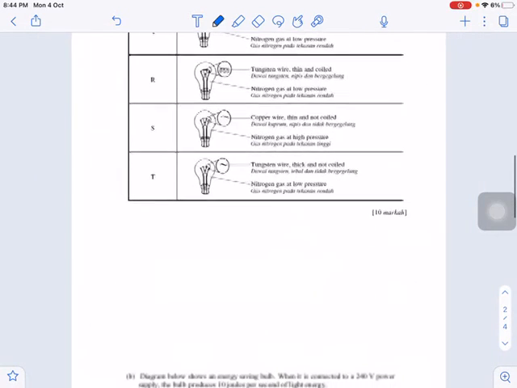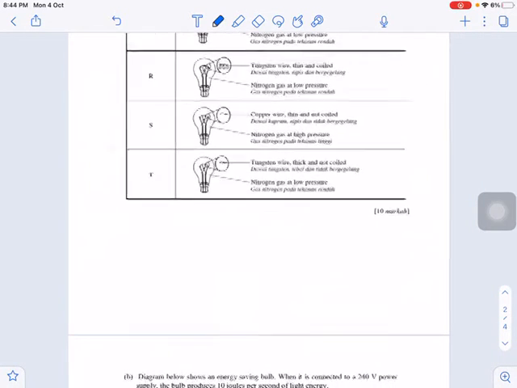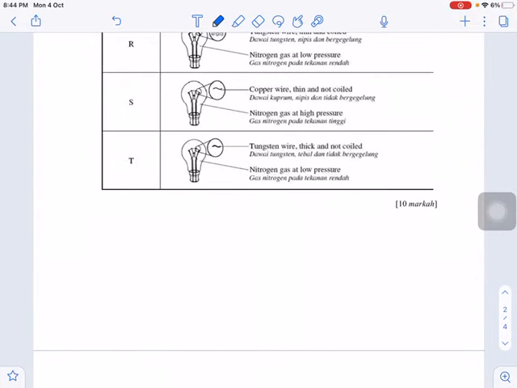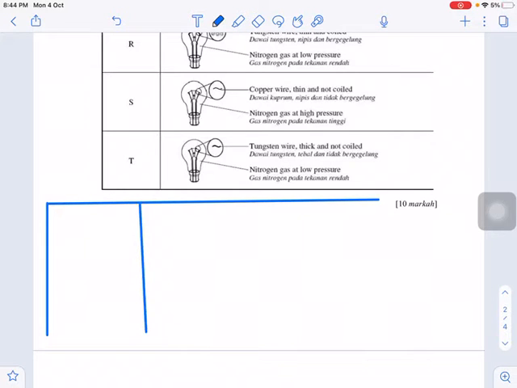Okay, so kalau teacher memang sangat encourage lah kalau you all boleh buat dalam bentuk table. So 4 point, 4 reason, 4 karakteristik, 4 dia punya reason.